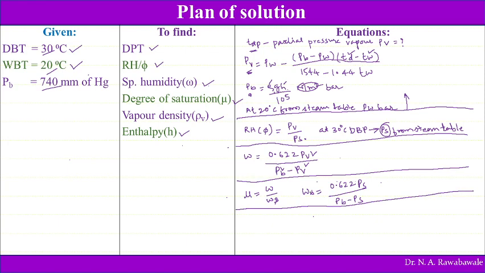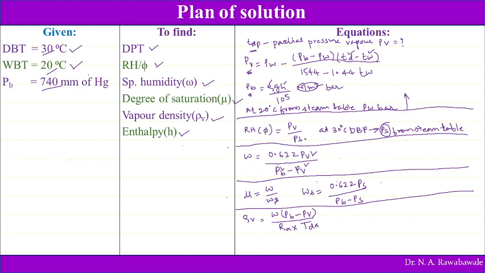Then next comes vapor density, rho V. Vapor density is given by omega into PB minus PV, divided by RA into TD, the dry bulb temperature, that is the absolute dry bulb temperature in degree Kelvin.